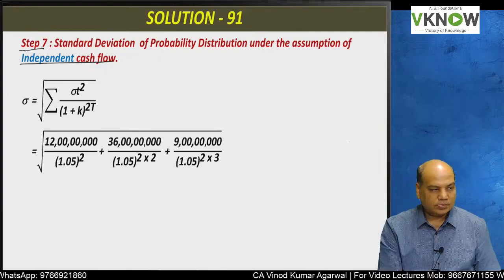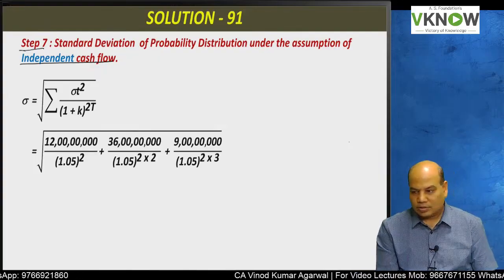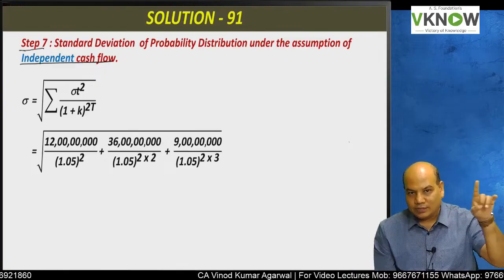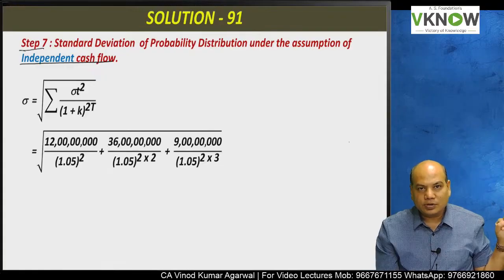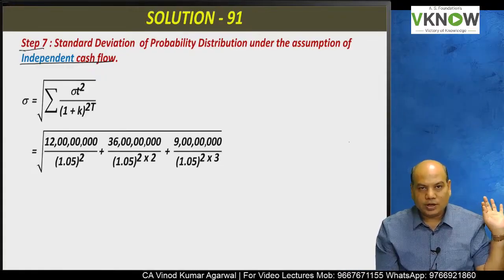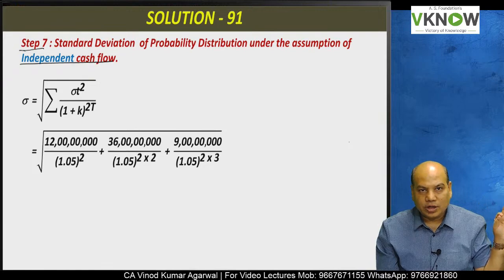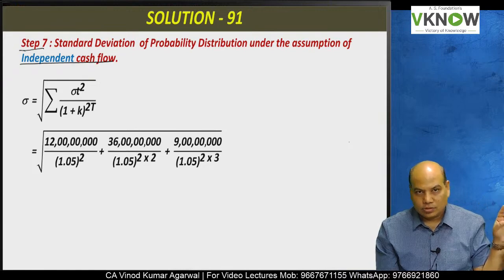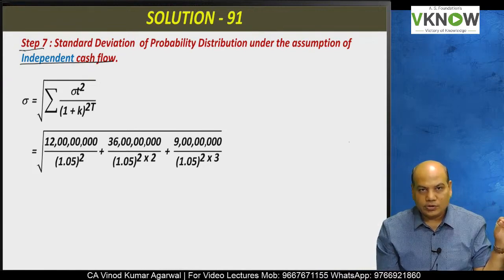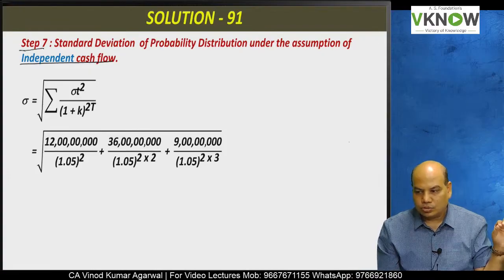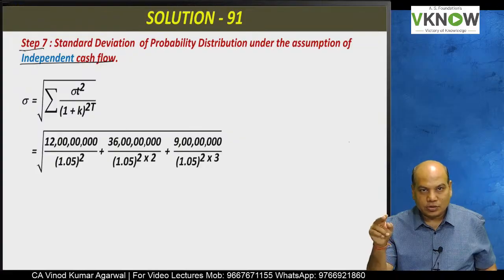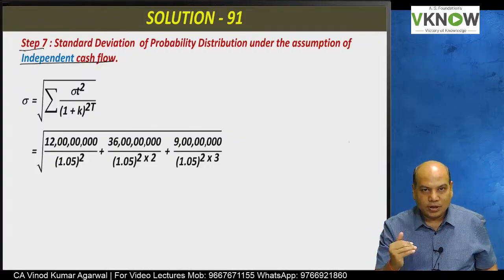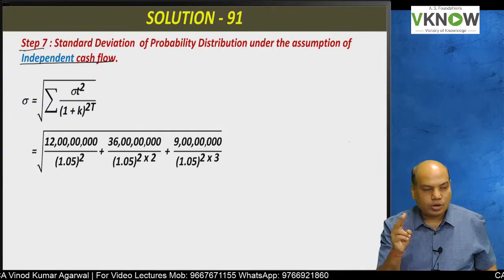One more time, under root, go to your standard deviation of each year calculation. In the last line you will find sigma 1 square was 12 crore, divide by 1.05 to the power 2, plus in the second year it was 36 crore, divide by 1.05 to the power 2 into 2.